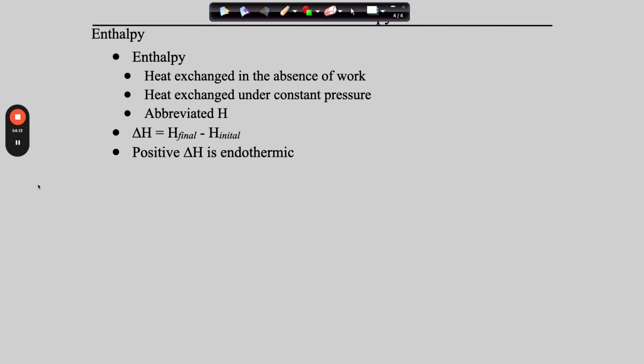If the change in enthalpy is positive, that's endothermic. Because endothermic does not refer to work, it refers only to heat. And when heat is in the absence of work, it's enthalpy. So guys, the technical definition is a positive delta H value. This takes in heat. And similarly, a negative delta H value means heat is being given off.